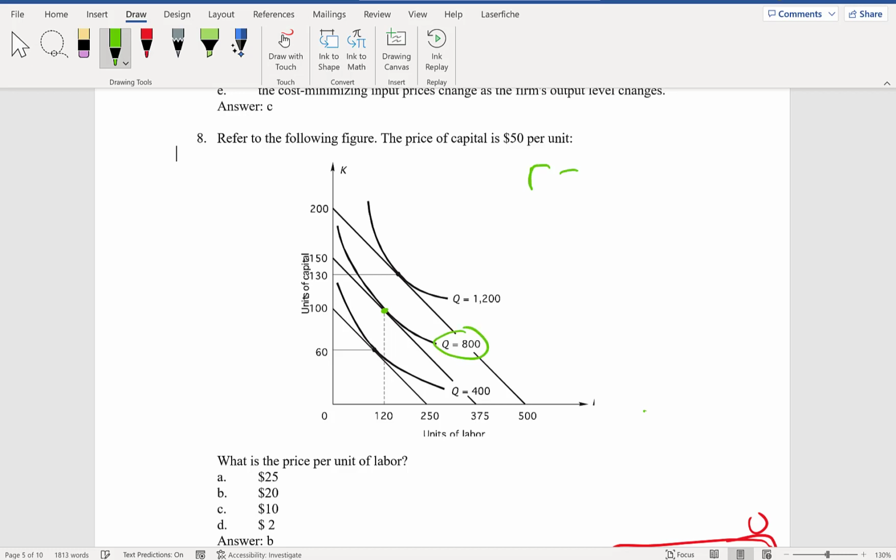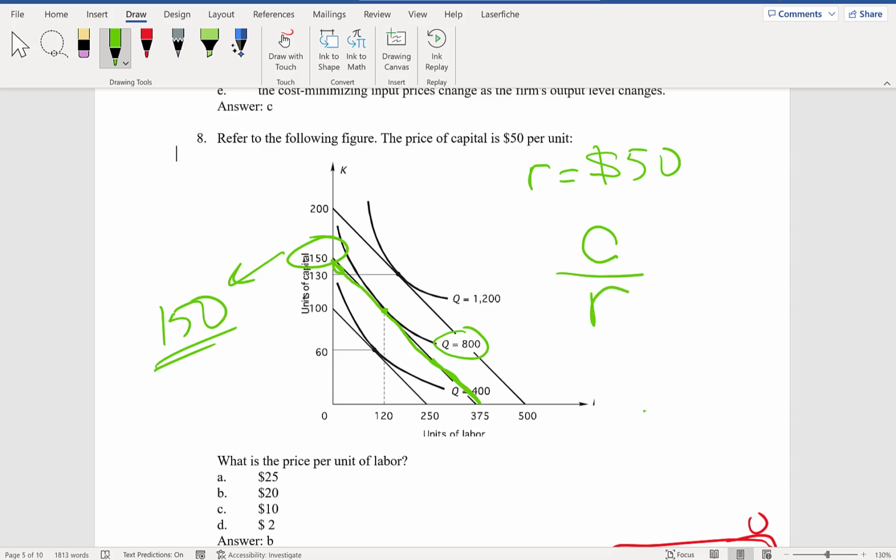What do I know so far? R is 50. This is not hard at all. I'm going to go to this isocost line, find its value, and use this intercept. What does this 150 mean? Capital being 150. Total cost divided by rental rate is equal to the y-intercept of this budget line. But find the right budget line to produce the level of quantity you want to produce.